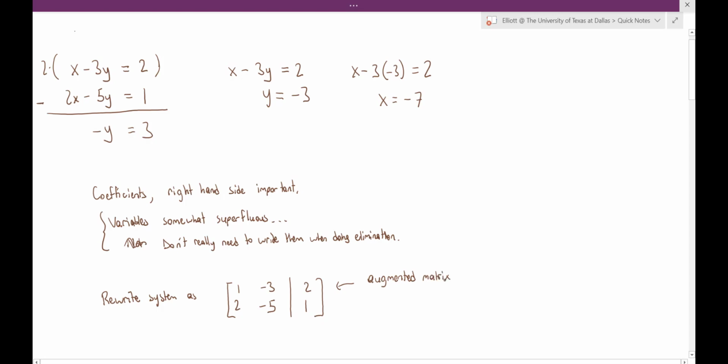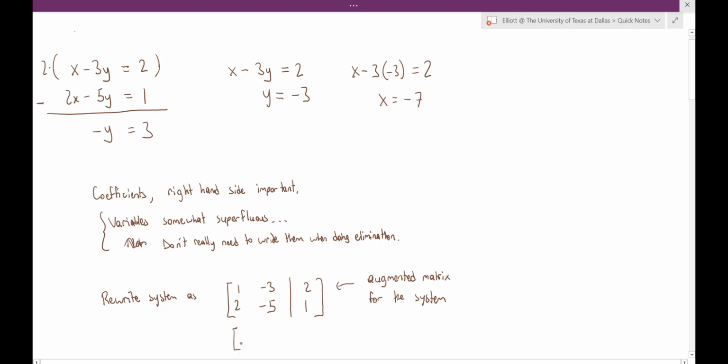For the linear system of equations that we have up top. Now, by augmented means that you're including the right-hand side of the system of equations.